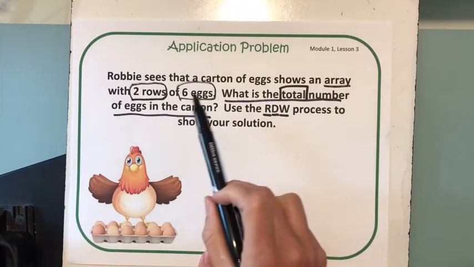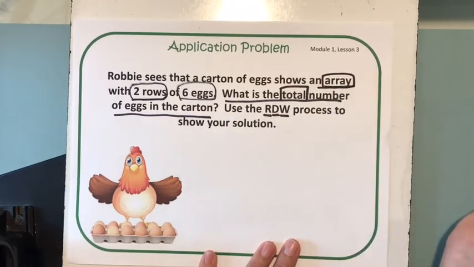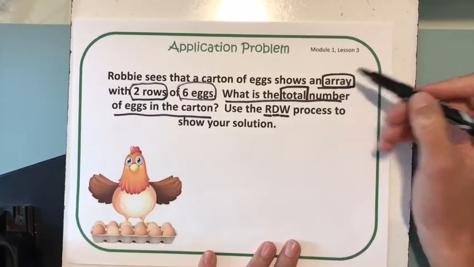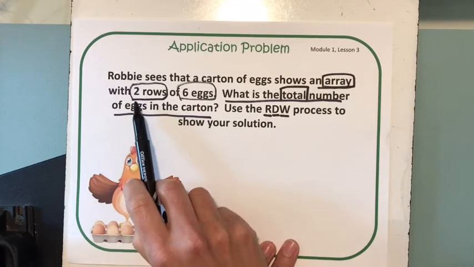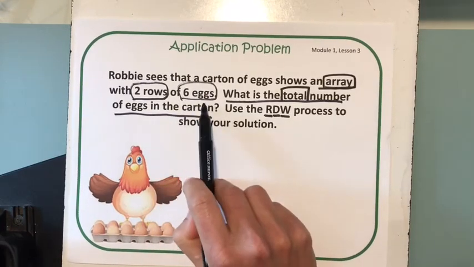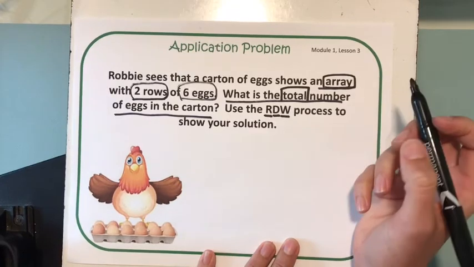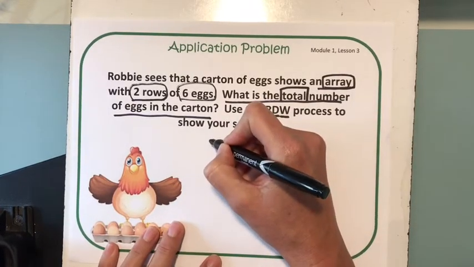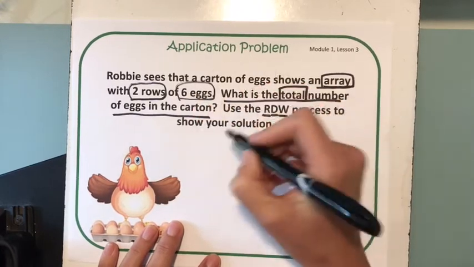They're also asking us to draw an array, which we did yesterday, or in lesson 2. So we have our numbers here. Our numbers are egg cartons are 2 rows of 6 eggs in each row. So I think what I'm going to do is I'm going to draw the picture. So here's my picture. I know I have 2 rows, so here's my first row, and I know that in each row is 6 eggs.